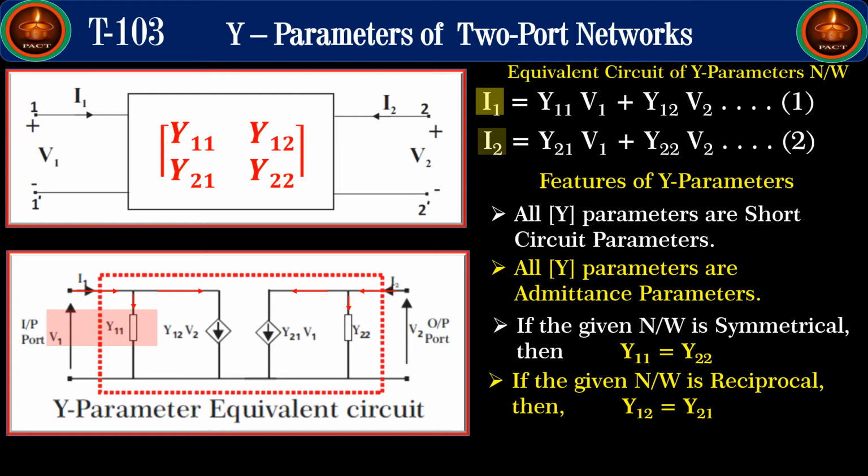So these two conditions are very important to find out the property of the given network, which will help you to predetermine what the relation regarding y11 and y22, y12 and y21 I should get.